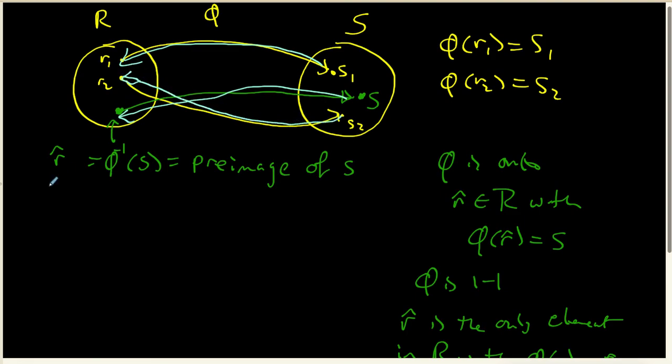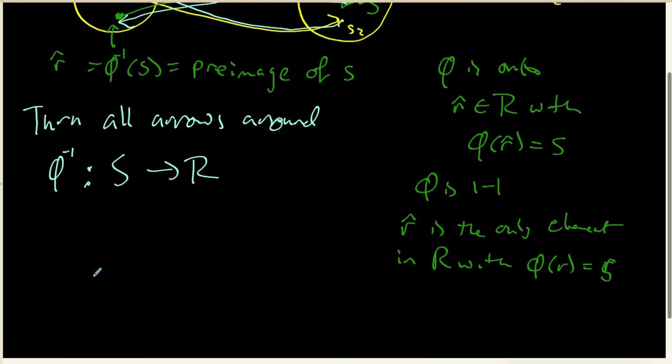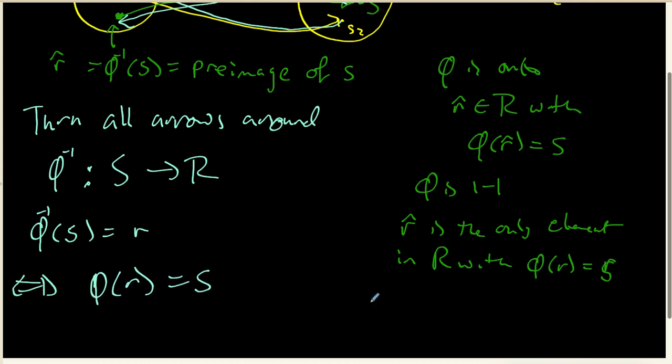And we can turn all the arrows around and we will get a map phi inverse going from S into R. And the basic definition of this map would be that phi inverse of s is going to be equal to r if and only if phi of r is equal to s.